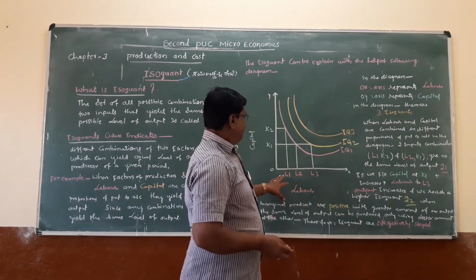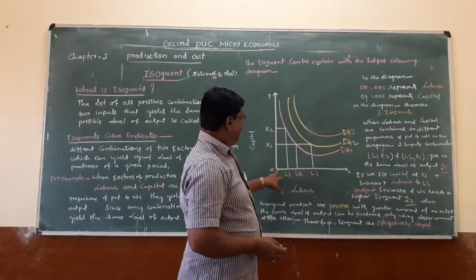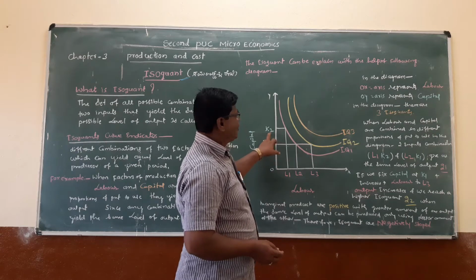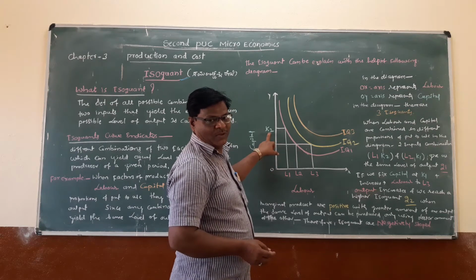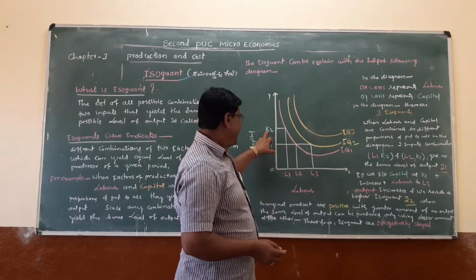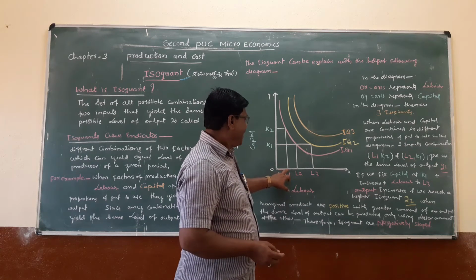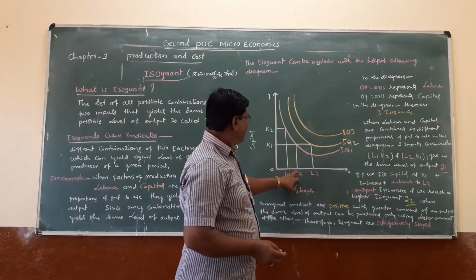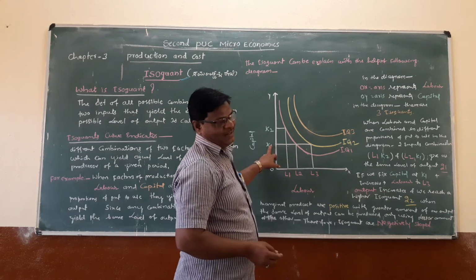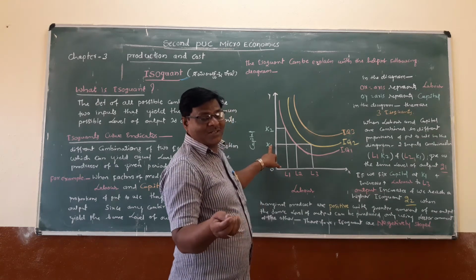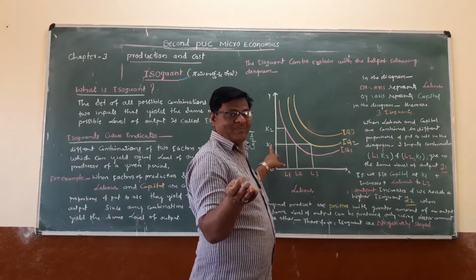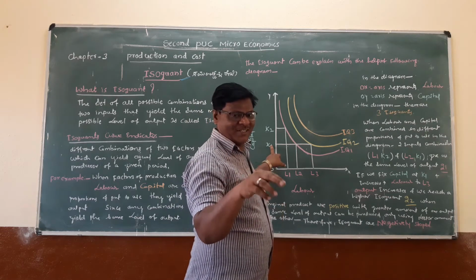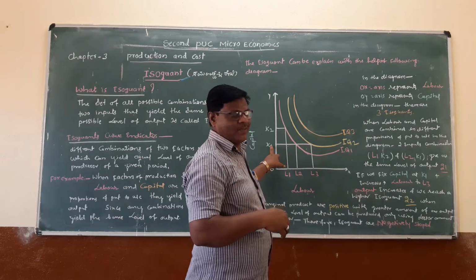In this diagram, the combinations L1 and K2, or L2 and K1, give the same maximum output. These are combinations in different proportions.